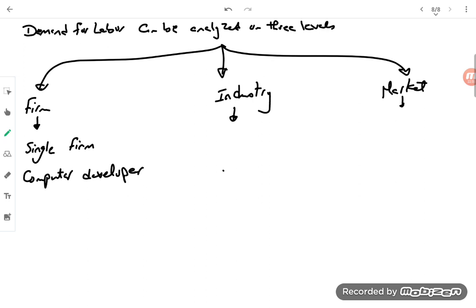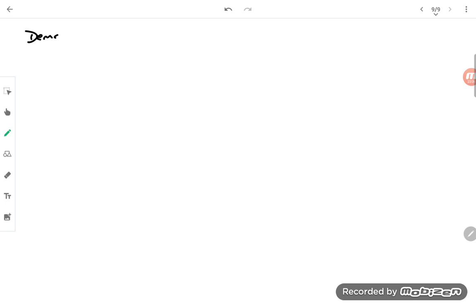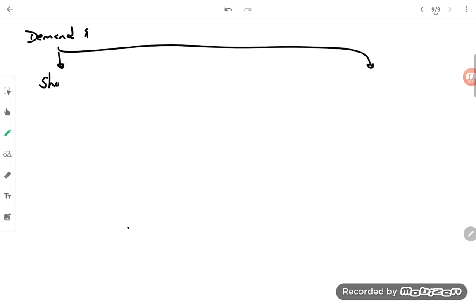Also, we have to differentiate between demand in the short run and in the long run. In the short run, employers find it difficult to substitute labor for capital.